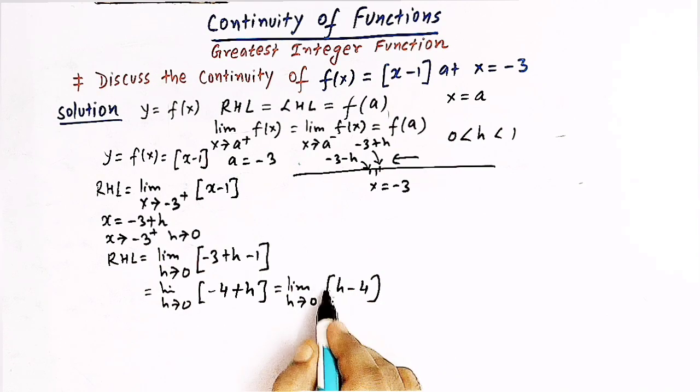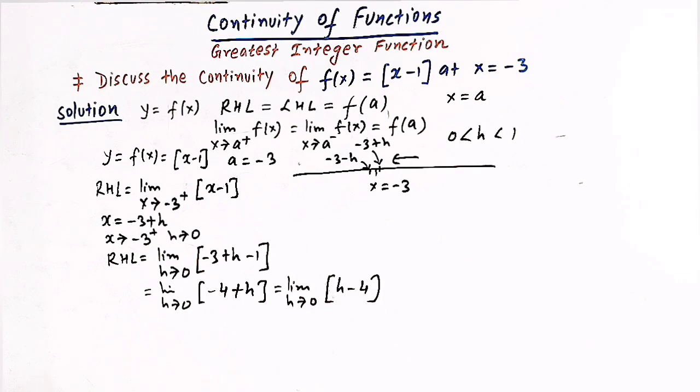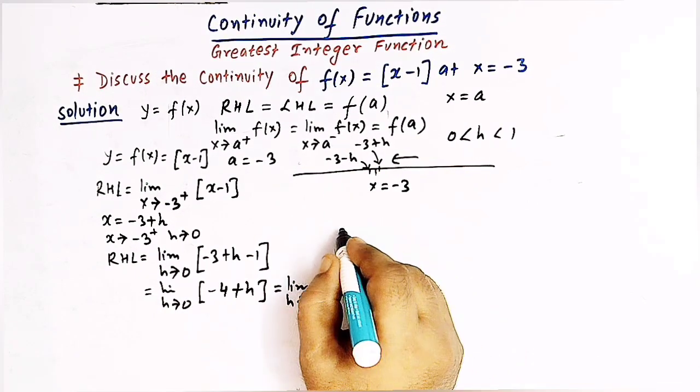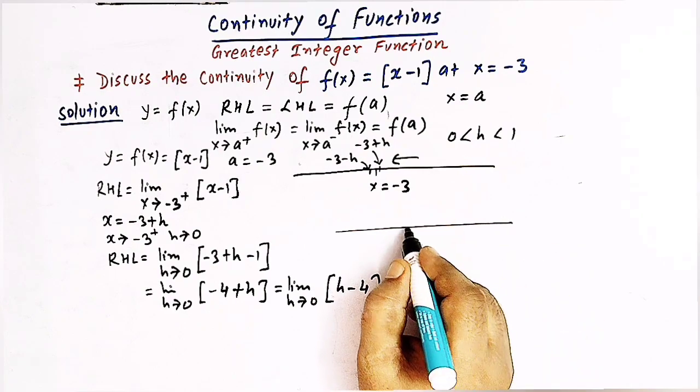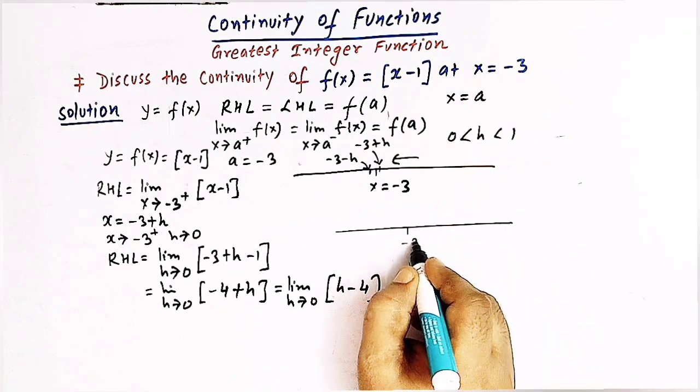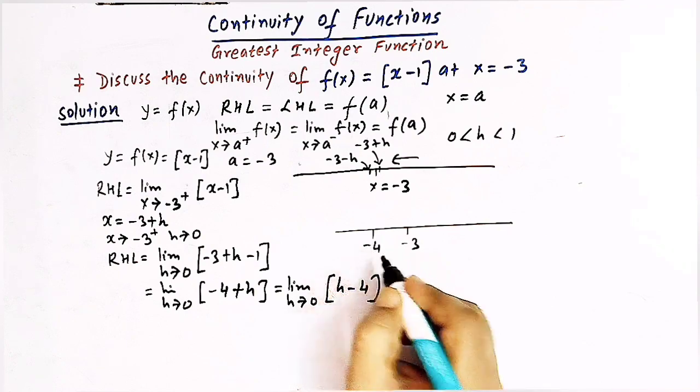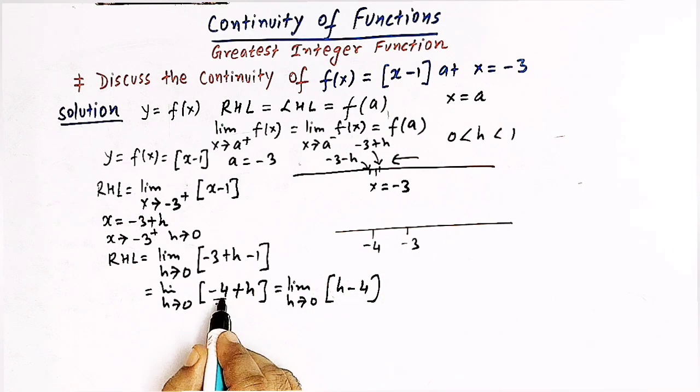Whenever we come across limits involving the greatest integer function, fractional part function or signum function, we cannot directly substitute h is equal to 0. So here we have greatest integer of h minus 4. If we take the real number line, and here we have minus 3 and here we have minus 4, so here we have minus 4 plus h, and h is a positive quantity.